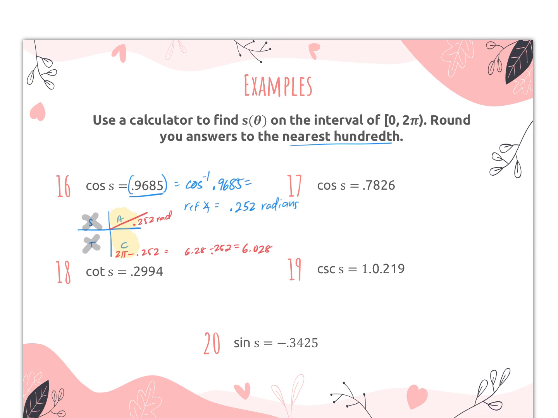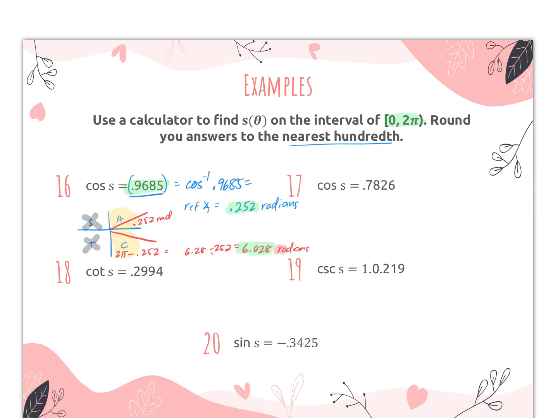And I know that that's my second angle. So I have 2 answers to this problem. There are 2 angles in this interval which have this cosine, and those 2 angles are 0.252 radians and 6.028 radians. Those are my 2 solutions. One is in quadrant 1, and one is in quadrant 4.